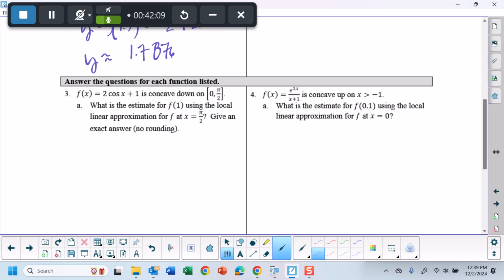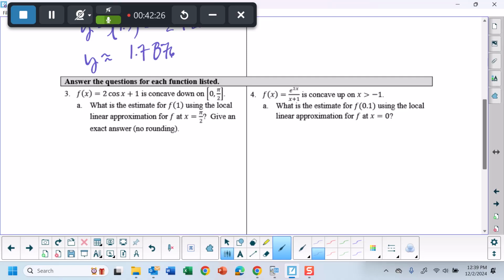If I have the function 2 cosine x plus 1, and I know it's concave down on that interval, what is the estimate for f of 1 using local linear approximation? And then give an exact answer. So they will have you doing 2 things.